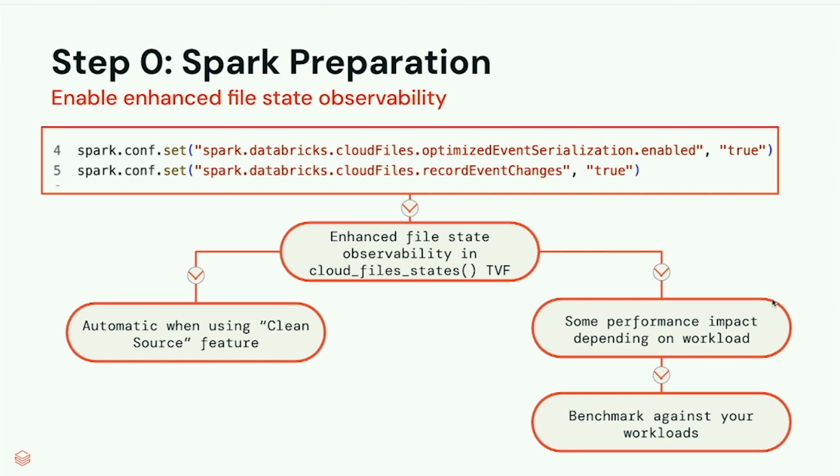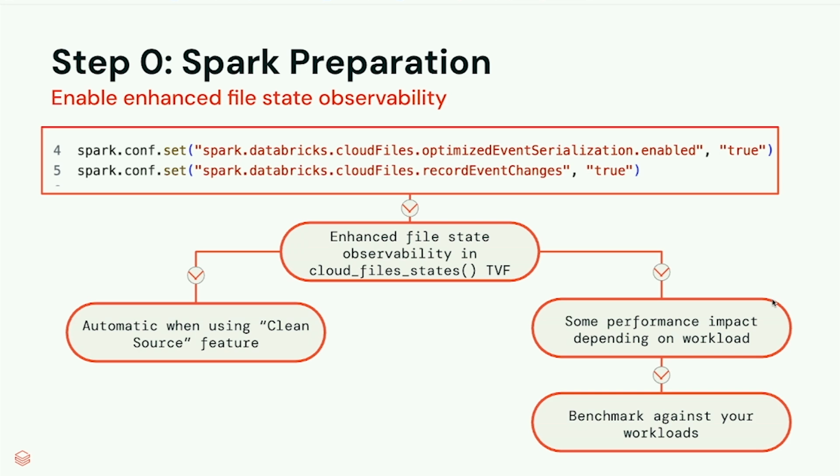Before we proceed, first, as I mentioned, we need to enable the enhanced file state observability. As Sandip just mentioned earlier today, this comes out of the box if you use the clean source data retention feature in autoloader, but you can also enable it manually through these Spark settings.